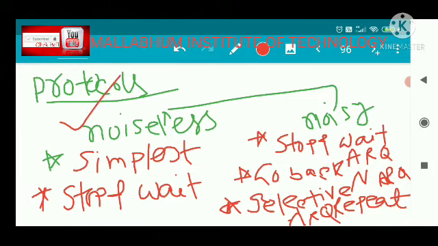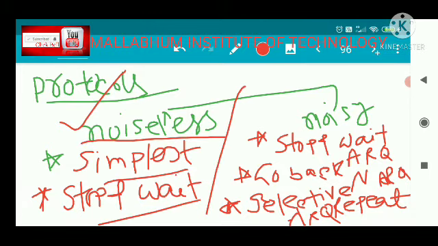So this is the list of protocols. For the noiseless channel, it is the simplest and the stop and wait protocol, and for the noisy channel it is stop and wait ARQ, go back N ARQ, and selective repeat ARQ. These are the procedures we will discuss one by one.